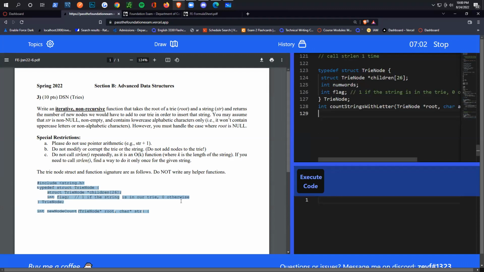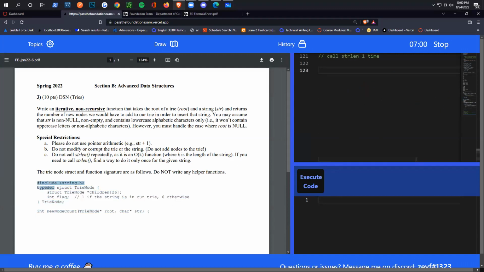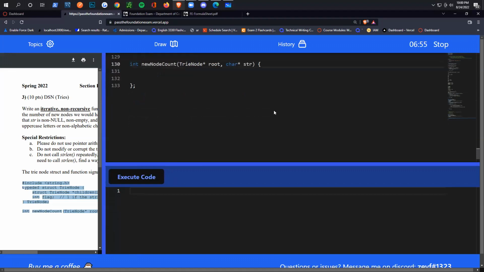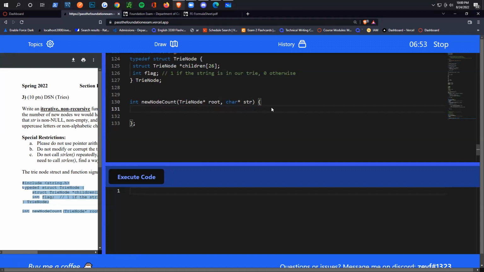Yeah, that's the wrong code. Okay, new node count. Okay, so we can only call string length once, and we know that it's going to be non-null. So let's just do that now. Length is going to be equal to string length of string.